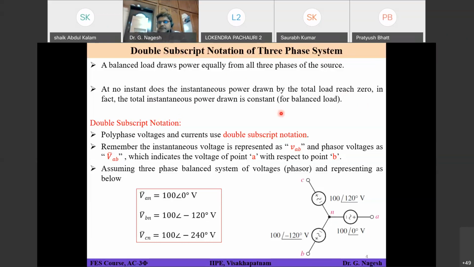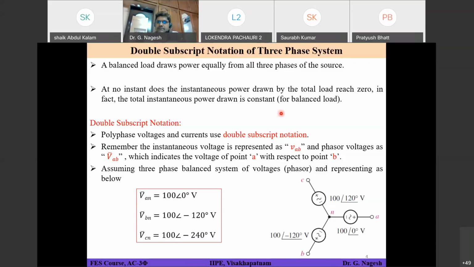That means from a balanced source, if a balanced load is drawing some amount of power, the three phase power drawn is going to remain constant for the entire time period. Even though the per phase power may be varying with respect to time, and it can become zero at some instant of time, the total three phase power is going to remain a constant value.